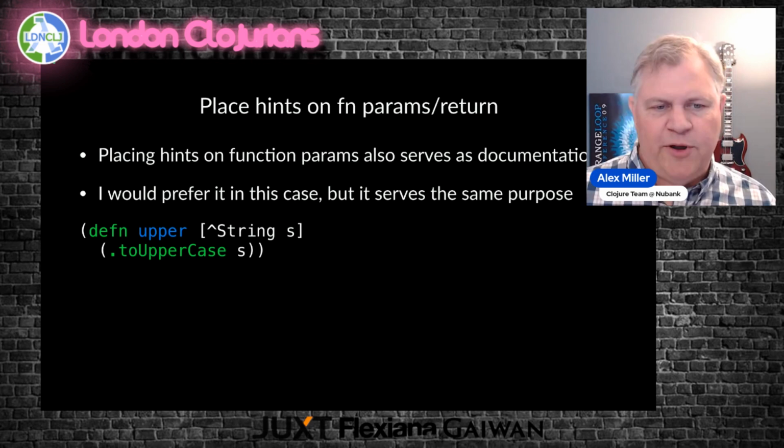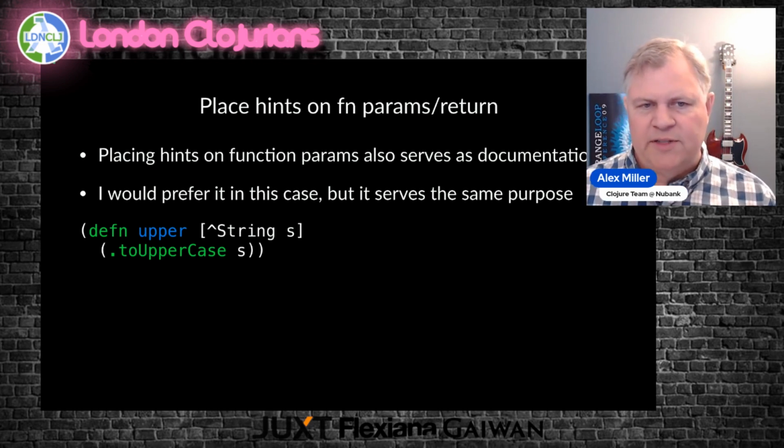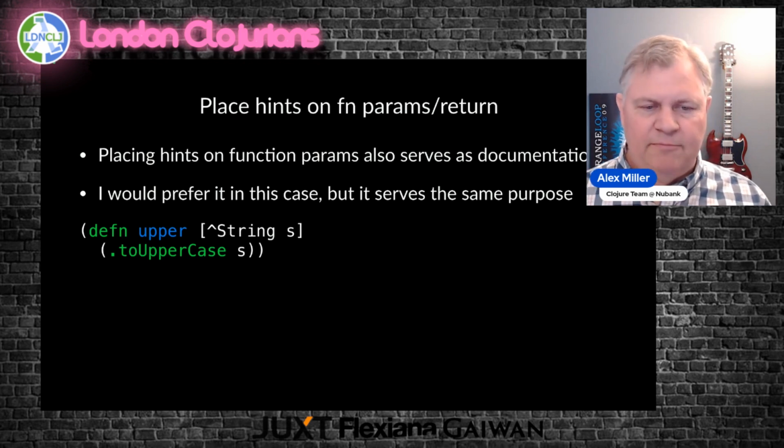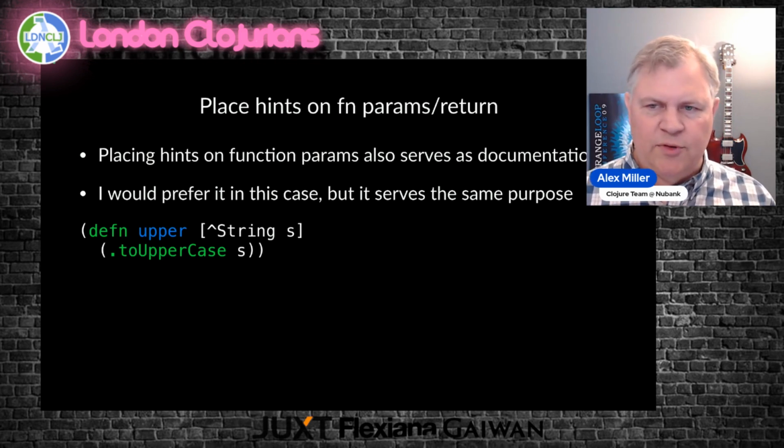Another place you might put it is on the function parameter itself. It has a couple of possible benefits there. The first is that it actually gets into the signature and then you can see it from outside the function. That might be useful as sort of documentation.